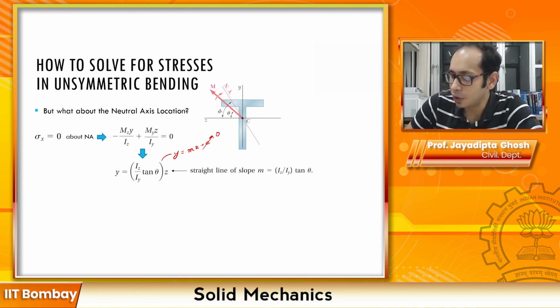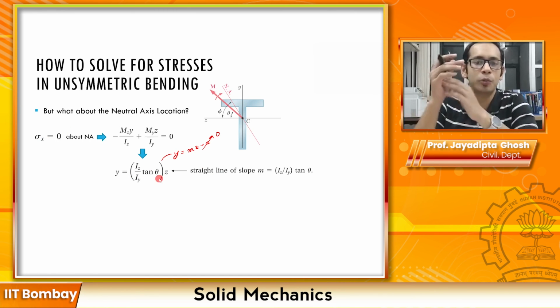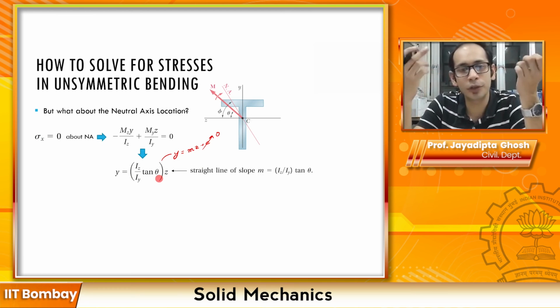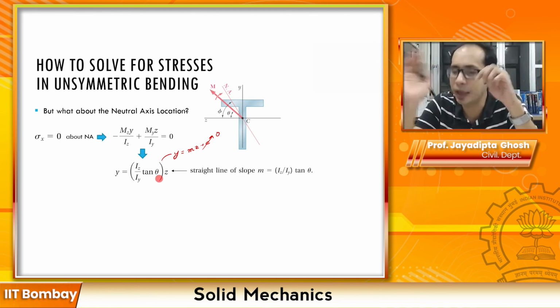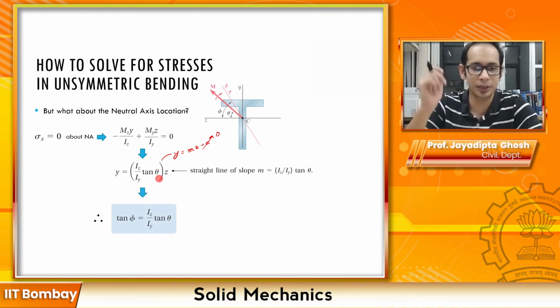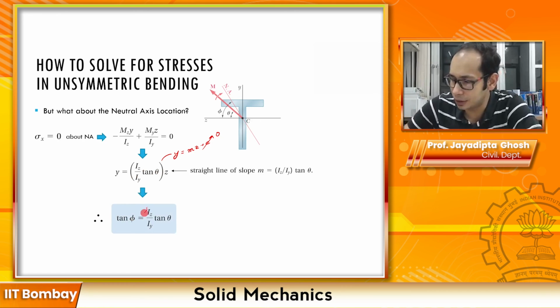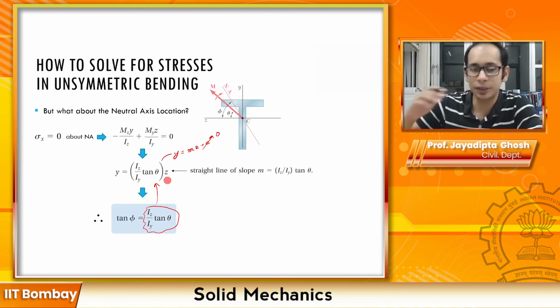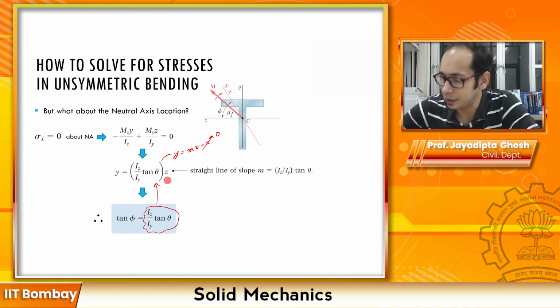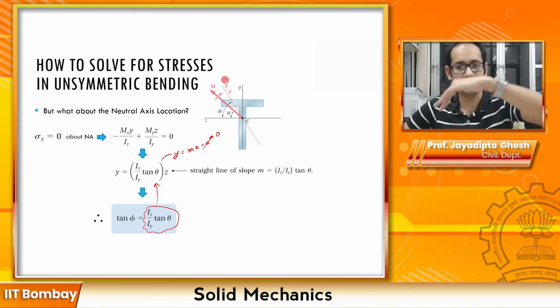So it essentially gives you the slope of the neutral axis for the case where we have unsymmetric bending. So this m that you see over here, tangent of phi, is essentially this particular quantity. So this is phi, the angle at which the neutral axis passes through.